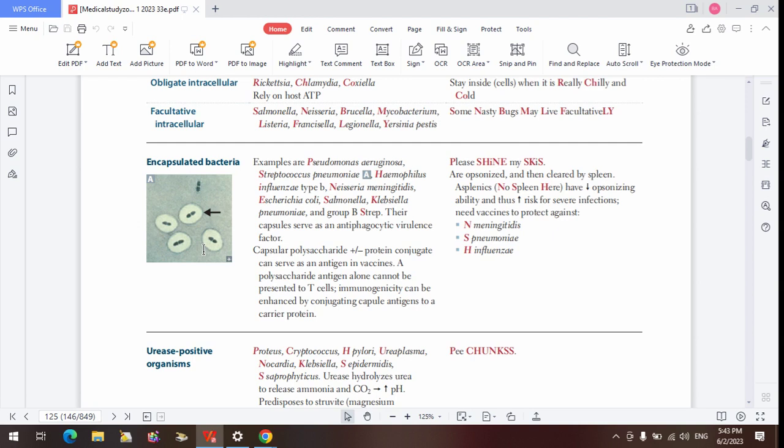That is why polysaccharide antigens are not as strong as when you conjugate them with protein. When you add a protein to this polysaccharide antigen, we call it a conjugate vaccine, because you have conjugated the protein with the polysaccharide.